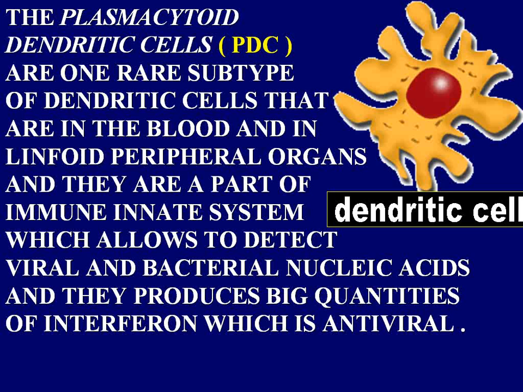The plasmacytoid dendritic cells, PDC, are one rare subtype of dendritic cells that are in the blood and in the lymphoid peripheral organs, and they are a part of the innate immune system which allows to detect viral and bacterial nucleic acids, and they produce big quantities of interferon, which is antiviral.